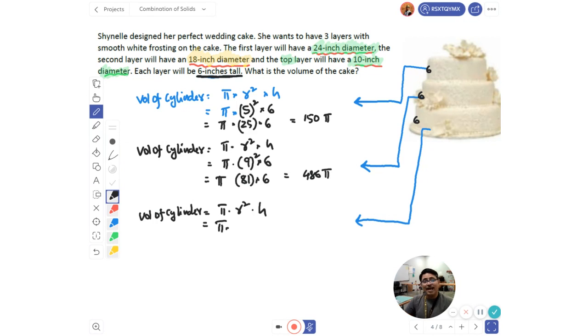If the diameter is 24, you know that radius is half of that, which is half of 24. That gives me 12 units. So 12 square times the height. Again, this is also 6 units. Therefore, pi times 144 times 6. So the result will be 864 pi. Correct me if I'm wrong.